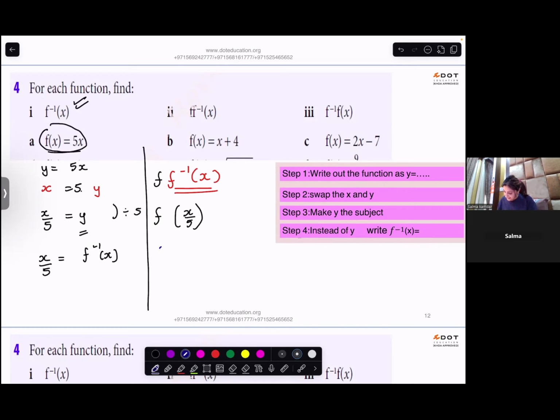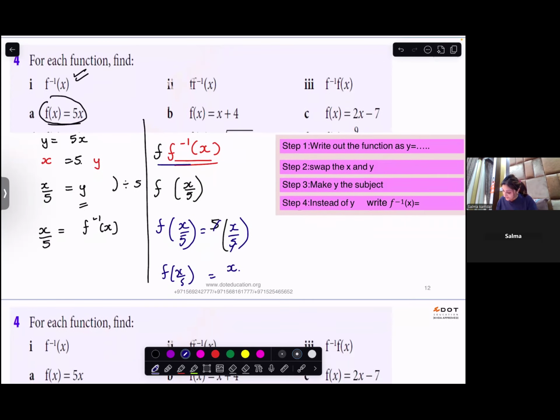In place of x, I'm going to put x by 5. So f of x by 5 is nothing but x. That means f of f inverse x is x.